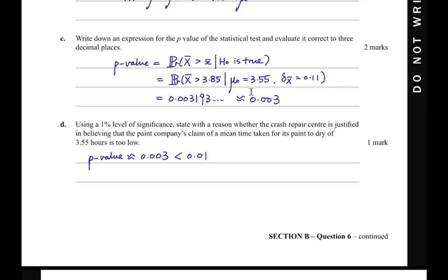If this p-value is smaller than the level of significance, we have sufficient evidence, or strong evidence, depending on how far it is from the level of significance, to reject H0.